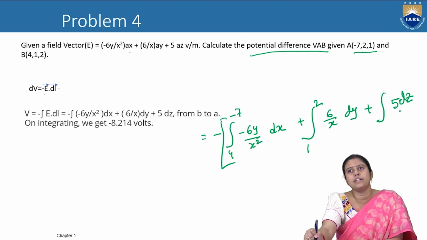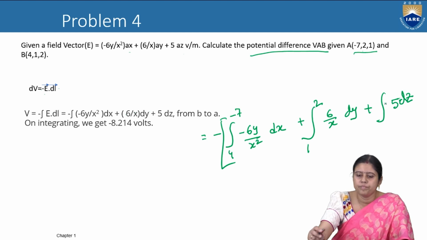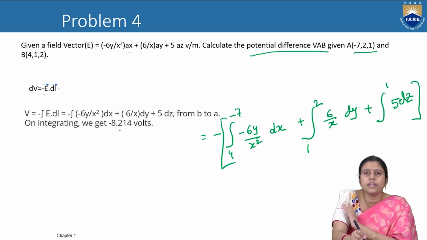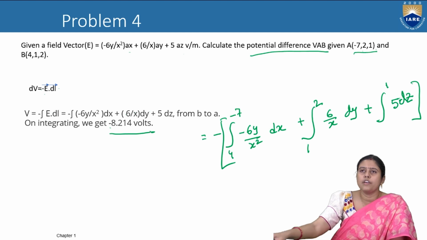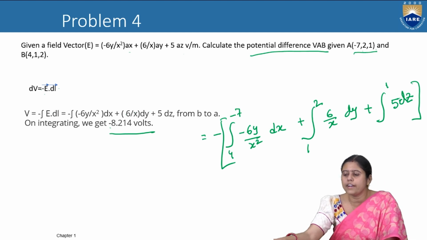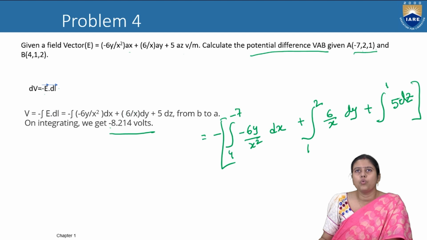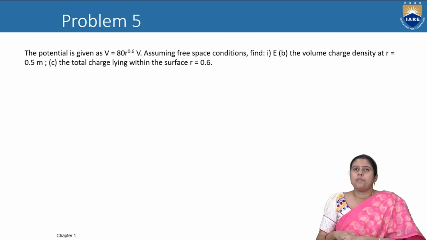What is the value of the dz? 5 into z dz means 5, and it is from 2 to 1, B to A. If we integrate these points, we will get the value minus 8.214 volts. If we integrate the total things, we will get the value minus 8.214 volt. Let's move to the problem 5.